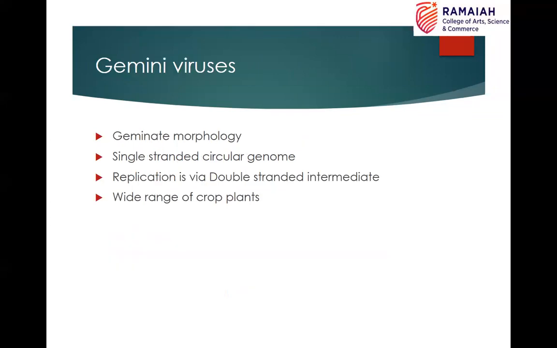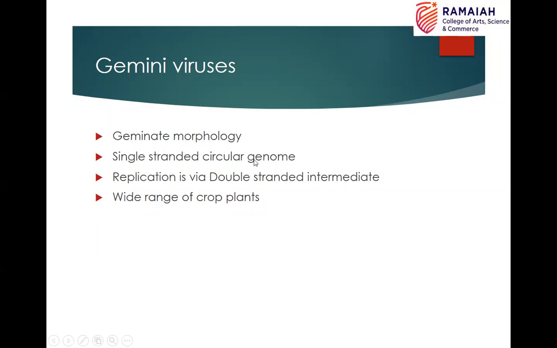Next group of viruses are Gemini viruses. As I told you, these are the other group of viruses that contain DNA as their genetic material. Why are these called Gemini viruses? Because of their geminate morphology. That means they occur as paired particles.